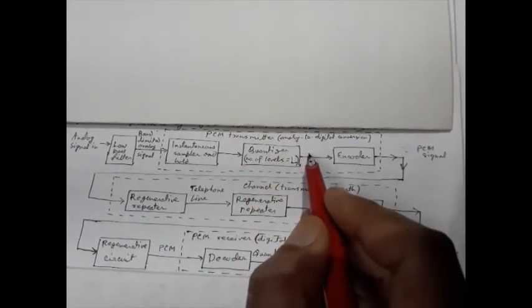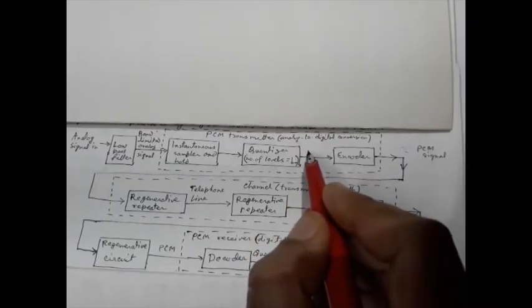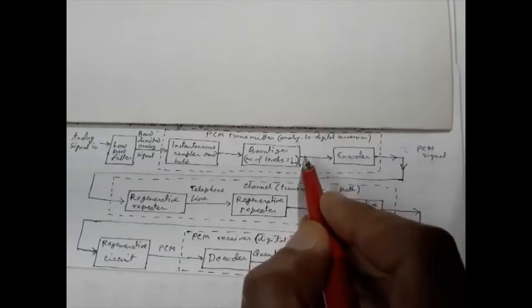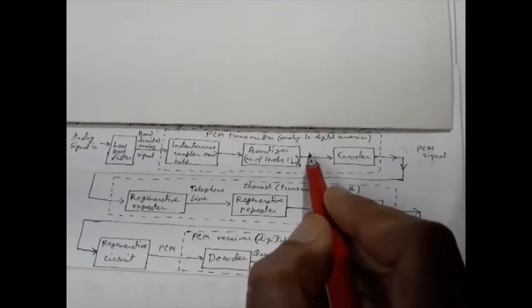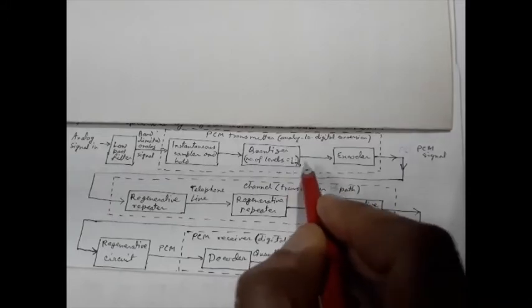So at the output of this quantizer, since the number of levels is L, we have the digital signal with L number of levels, and we call it L-ary. So output of this quantizer is L-ary digital signal.